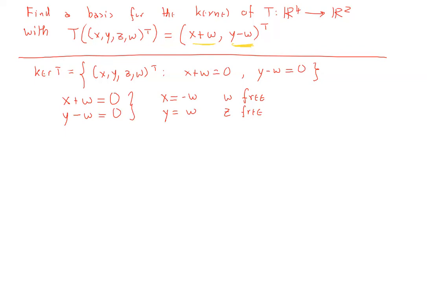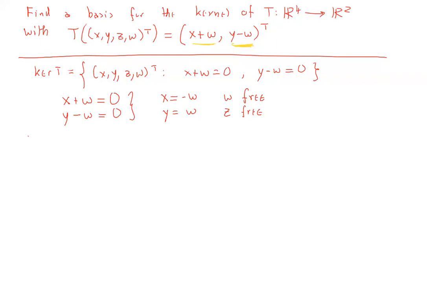No, w could not have been free here. No, x could have been free. X and z could have been free, I think. I think you could have done it a different way, but let's do it in the most economical way.